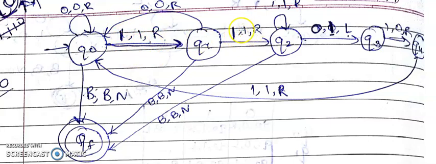If you get a 1, move right, thinking that the next is a 0. If it is not a 0, if it is a 1, it will repeat itself and move right. And if it is a 0, then what has to be done? The 0 has to be converted to 1 and move left. Why are we moving left?